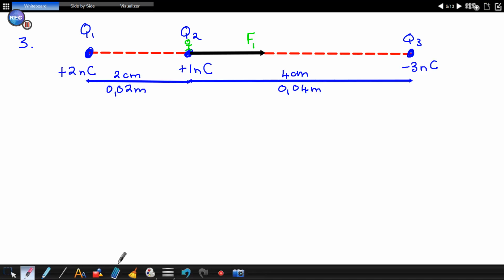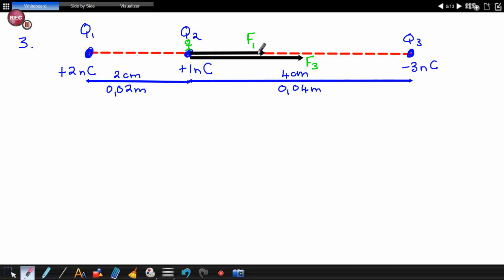That Q2, and this is the F of 1 on Q2. Okay. What is Q3 doing to Q2? So what is that one's direction? Also in that direction. Am I right to say that? This is where we see that the force of 3 and the force of 1 are going in the same direction. Okay?